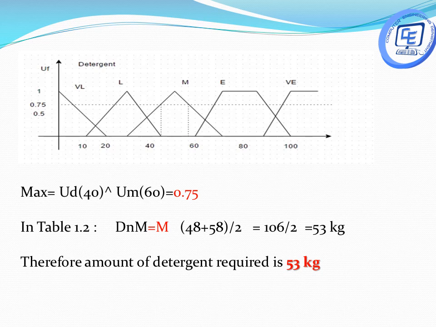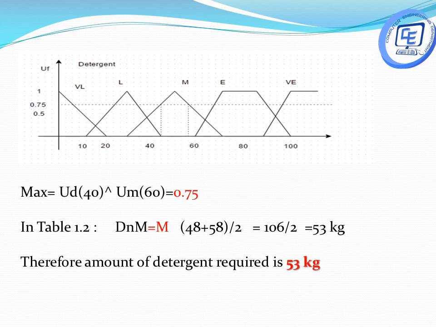This diagram is of the output parameter only, the output detergent. This detergent has 5 parameters: very low, low, medium, extreme and very extreme. So we have to consider the M parameter only out of all these 5 parameters.